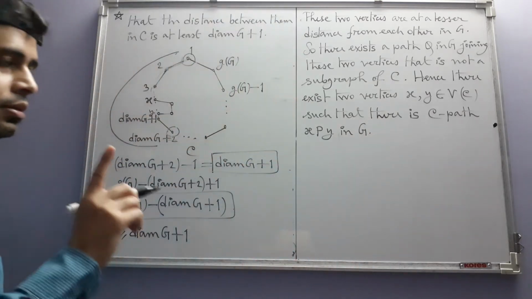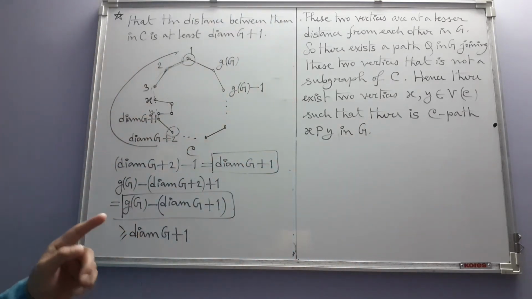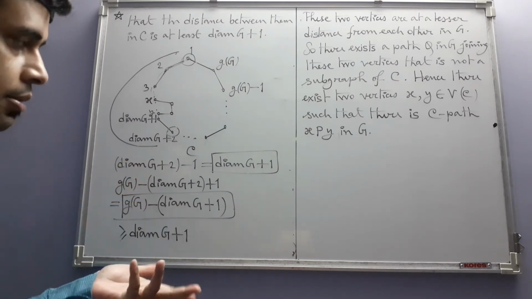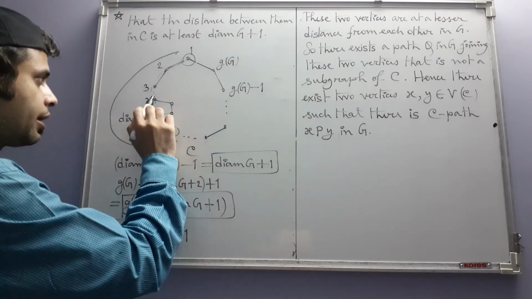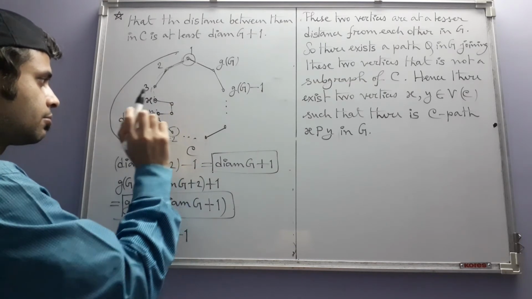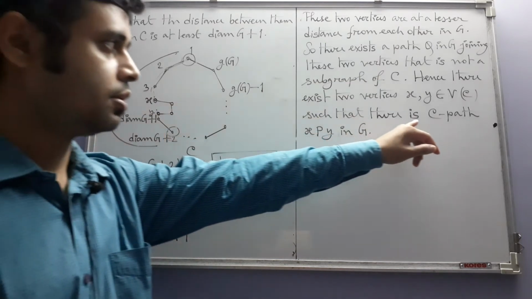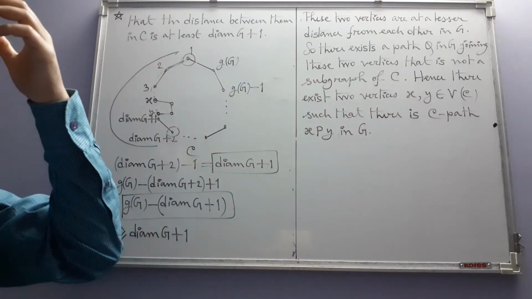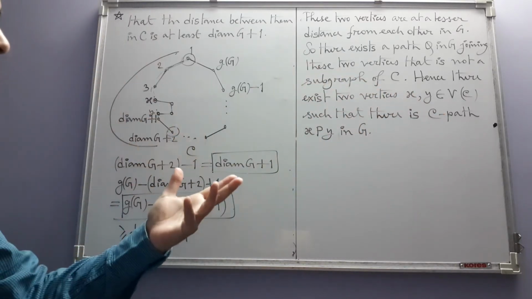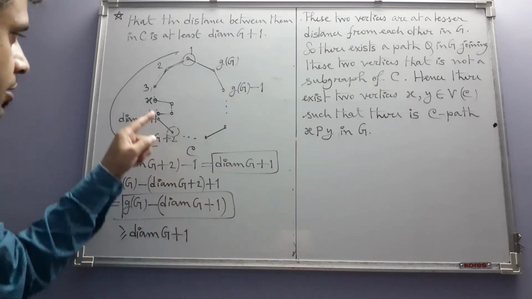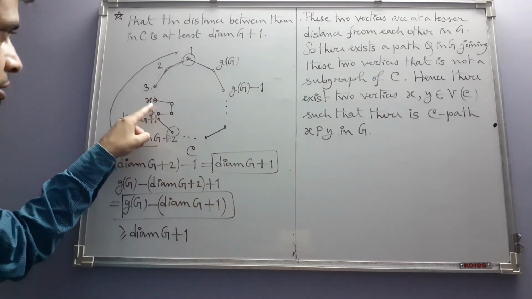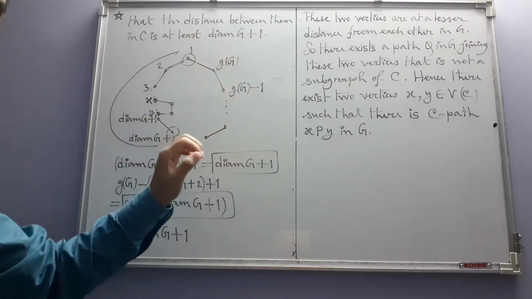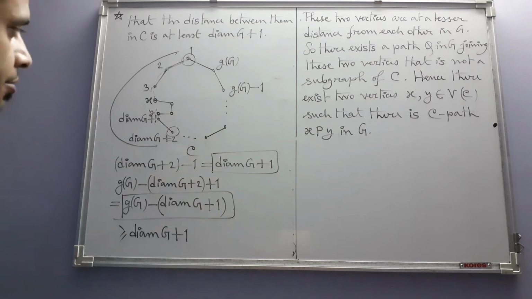Recall that according to the definition, a C path is a path the only vertices of which common to C are these two vertices where it meets the graph C, which in this case is a cycle.